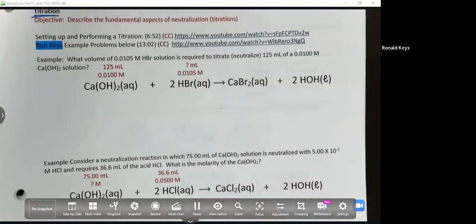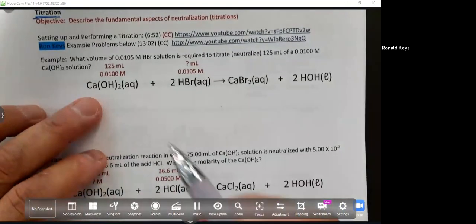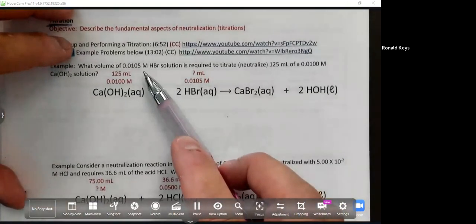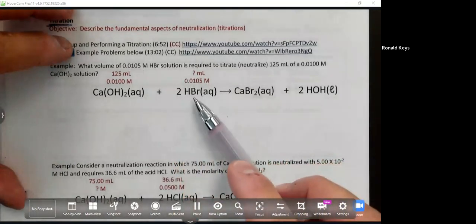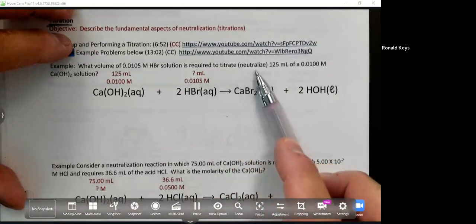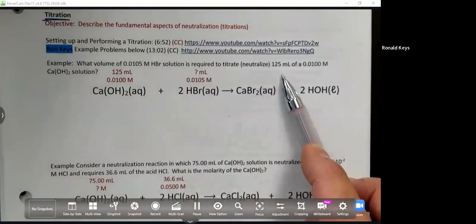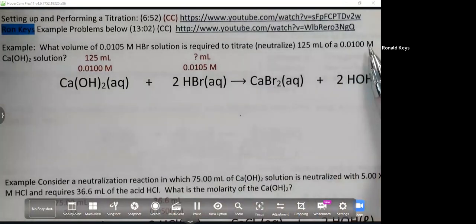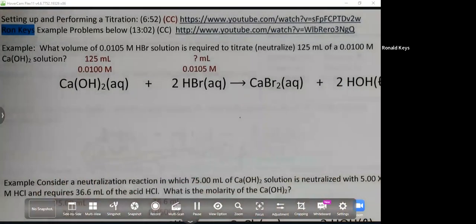So for this first problem, we've got what volume of 0.050105 molarity hydrobromic acid is required to titrate, neutralize 125 milliliters of a 0.0100 molarity calcium hydroxide.